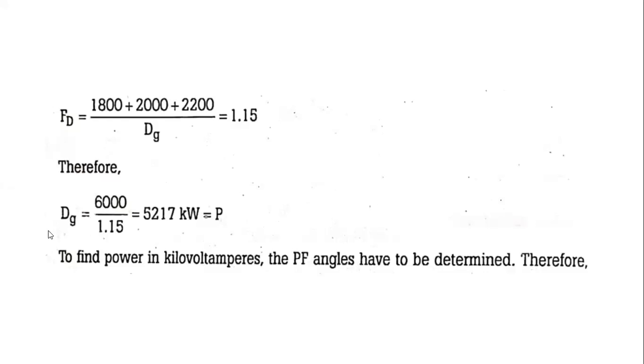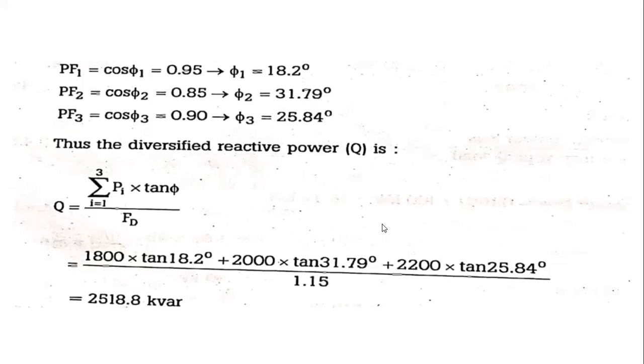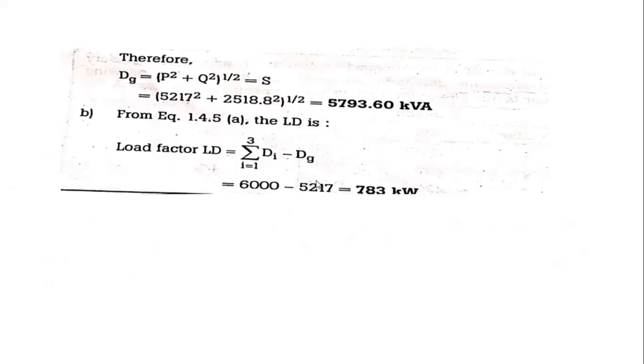Next, dg is the real power, that is P. dg is the real power, that is 5217. Therefore 6,000 minus 5217 is equal to 783 kilowatts. Okay, this is the load factor.